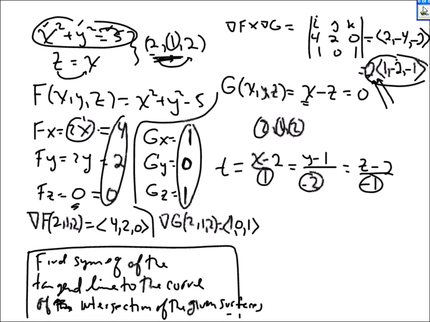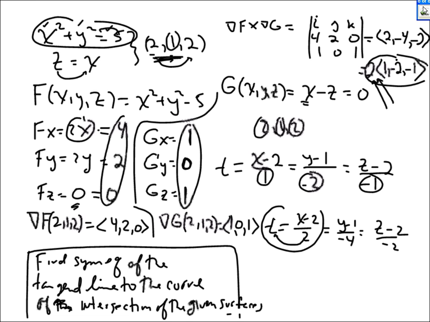Now, if I had x minus 2 over 2 equals y minus 1 over negative 4, z minus 2 over negative 2, I really can't say this is t, because 2t should equal x minus 2. But we have 1t equals x minus 2.